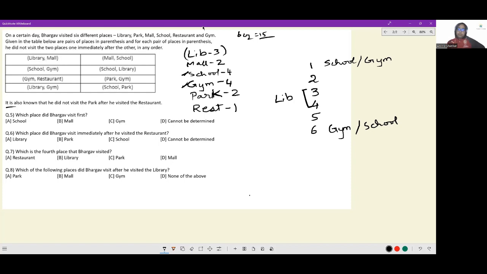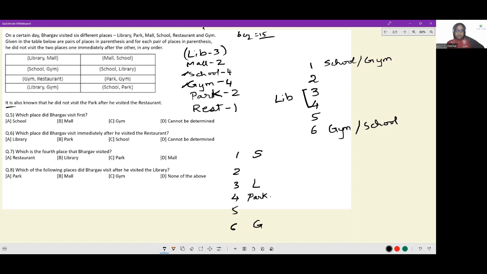Now that we have generated this, ideally what we should be doing is, spots 1, 2, 3, 4, 5, 6, I will start making cases. I have school, library, gym. Next is park. Park can't be next to school, so park can't be here. And park can't be next to gym, so park can't be here, so park has to be here.